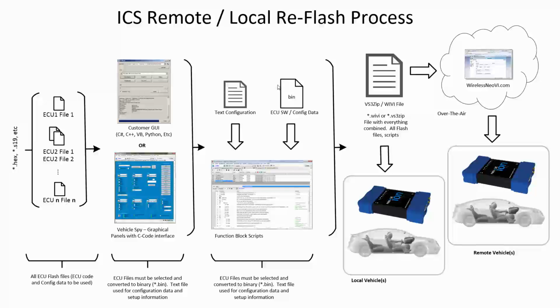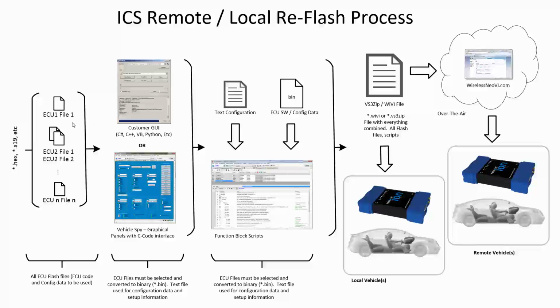That could be calibration data, the actual software compiled for each ECU, and we put all of the ECU's information inside of a single file. And the text configuration file contains information about where each ECU's binary data is and what the binary data is. Also, ECU's address information, which protocol each ECU uses, and so forth.